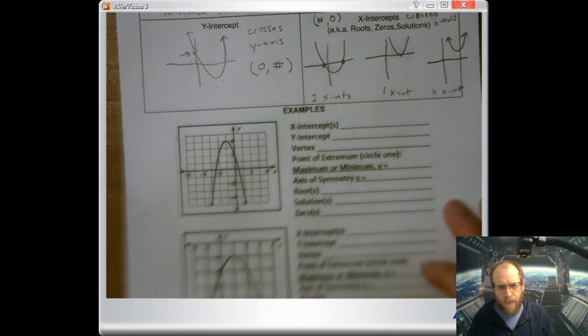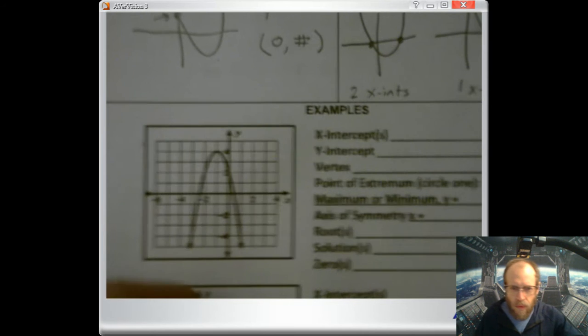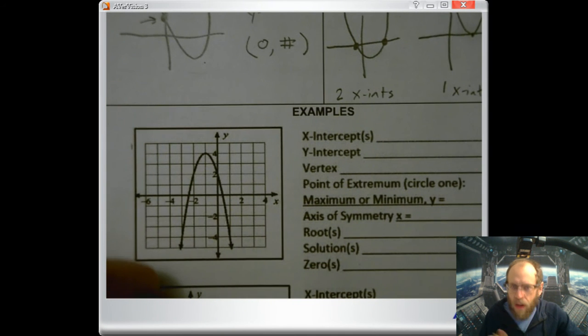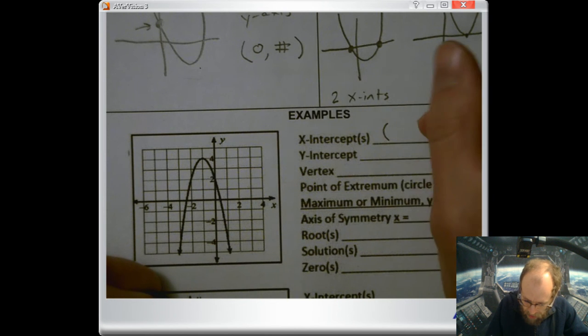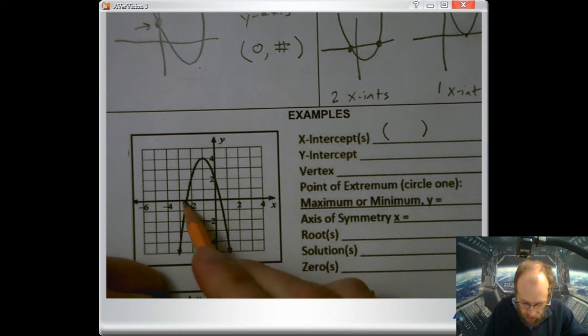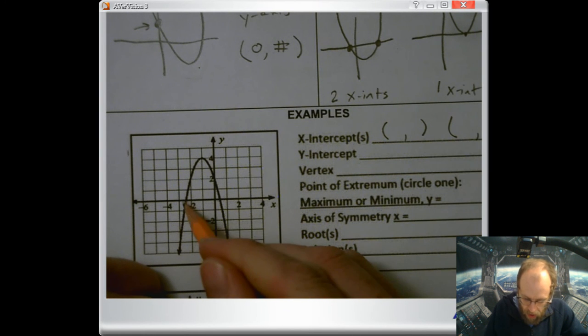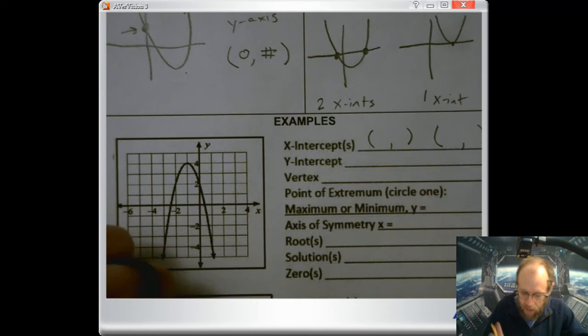Okay, example time. So if I look at this parabola, it has x-intercepts. Remember, that's where it crosses the x-axis, and remember, these are always going to be points. Now this one looks like it has two x-intercepts, so I'm going to put two sets of coordinates. Like we talked about before, the y value for the x-intercept is always 0.